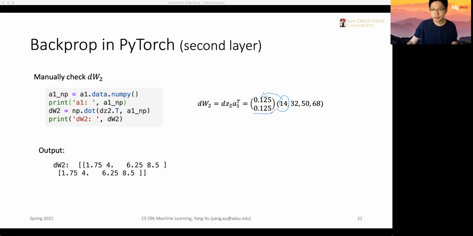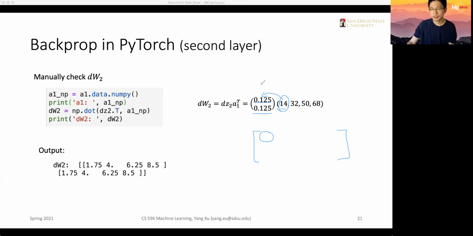Yeah, the lower one also needs to be multiplied. The multiplication between 14 and the upper 0.125 would be the result of the first row and the first column. Also, this doesn't look like a compatible matrix multiplication. It's 2 by 1 and 1 by 4, which are not compatible matrices.